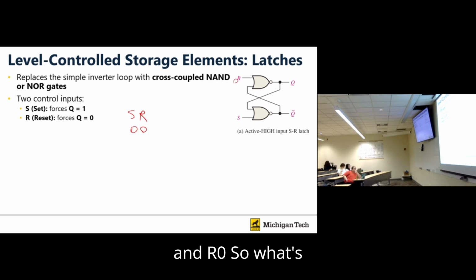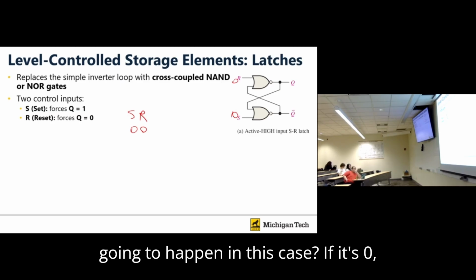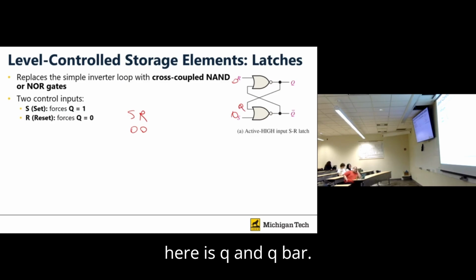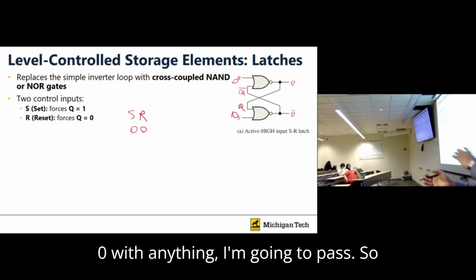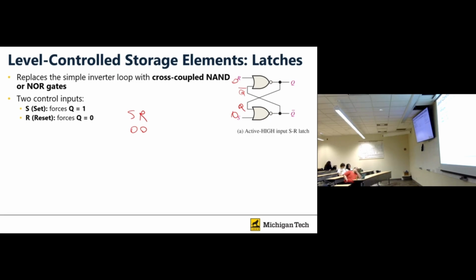If S and R are 0, what's going to happen in this case? Here is Q and Q bar. If you OR 0 with anything, that's going to pass. So it means whatever is inside is going to stay. So it's going to be memory.